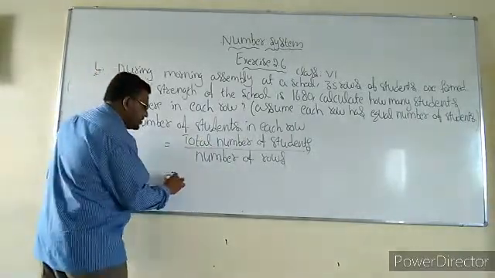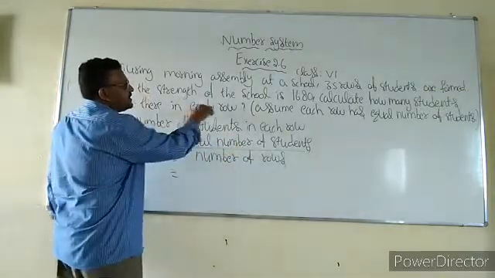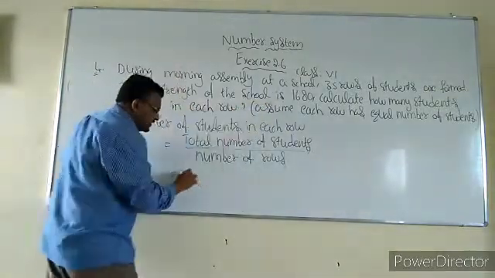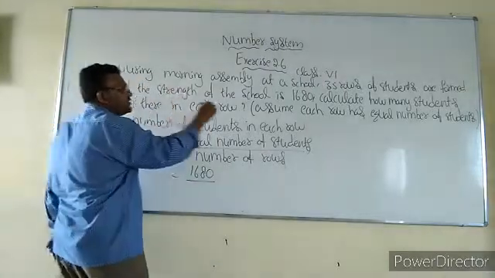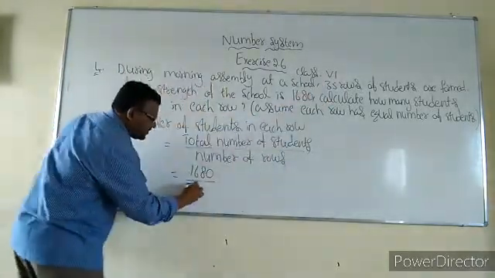That means the total number of students is 1680, and the total number of rows is 35, as given in the problem.